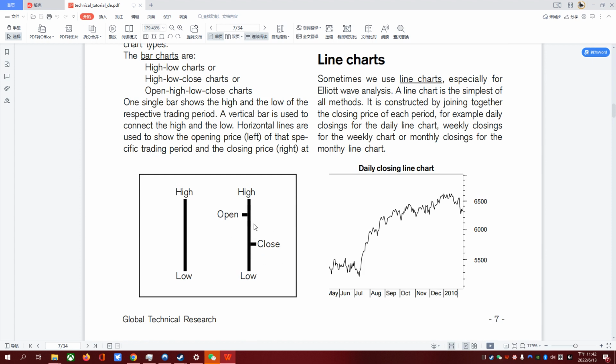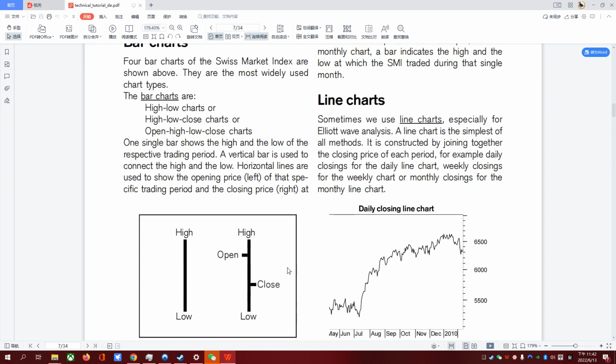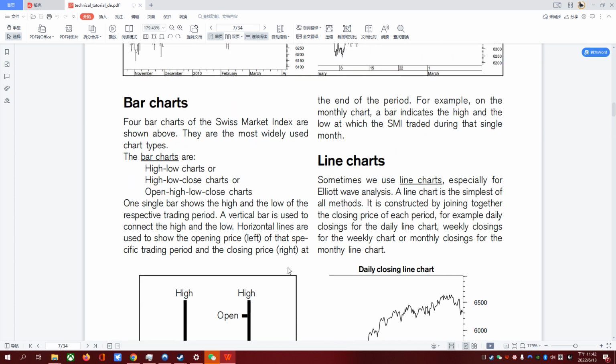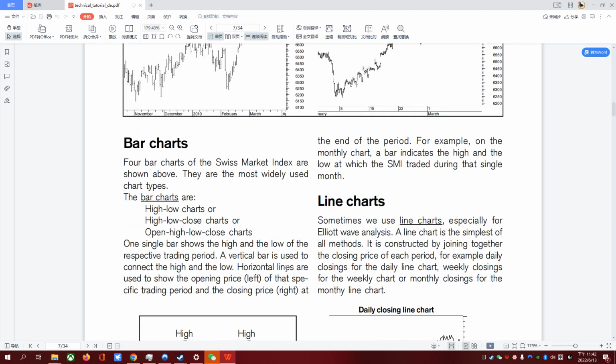So it's a very direct method. If you're a day trader, if you trade on a daily basis and you want to know what happened in a shorter time frame, I suggest bar charts would be very good because they tell you a lot of price information.